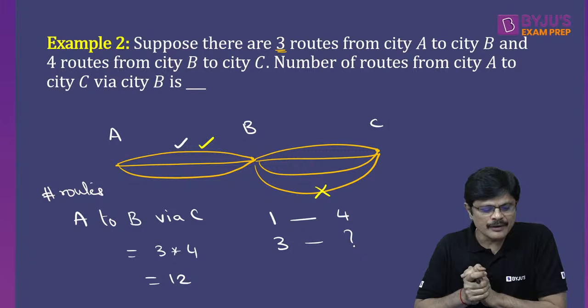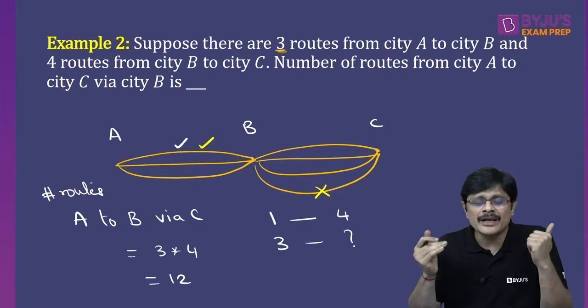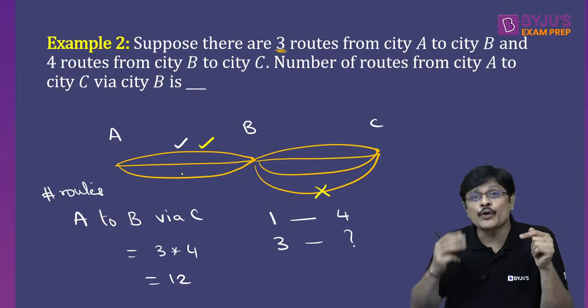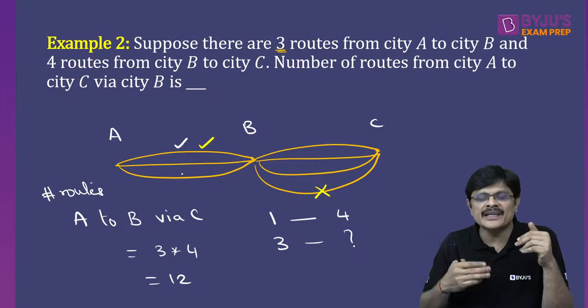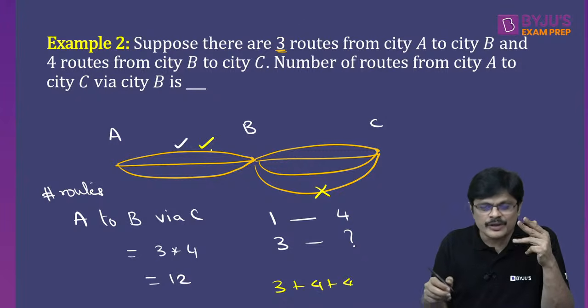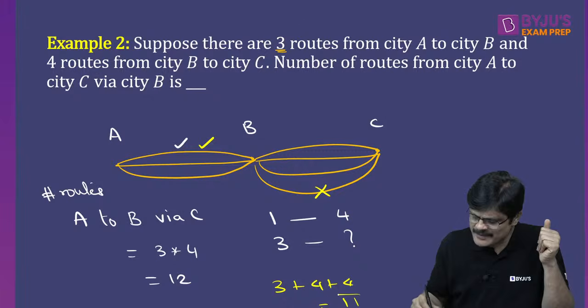Not 3 plus 4, dear Sahil, it is 3 into 4, 12. If I say this condition, will you have 12 routes? No, right? Because for the first route there are only 3 choices, whereas for the second and third there are 4 choices. So the answer becomes 3 plus 4 plus 4, which is 11.